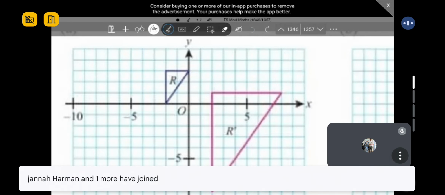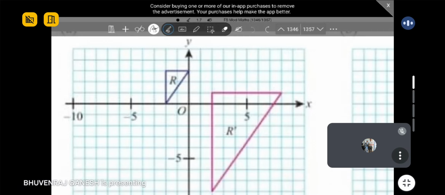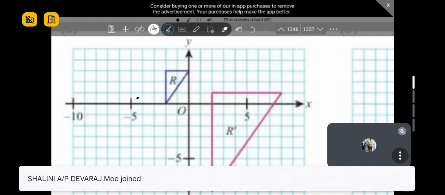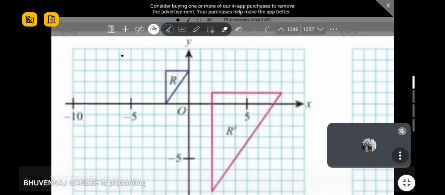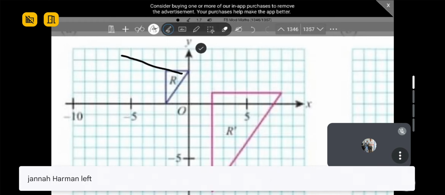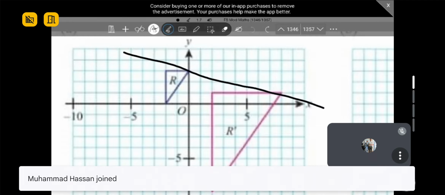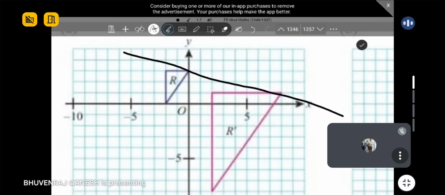My line not so straight. You all can try to draw and see also, to see whether you all can get. Okay, one. Wow, draw straight line is so hard.